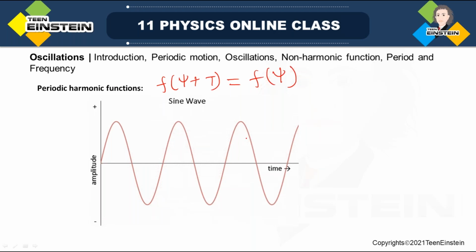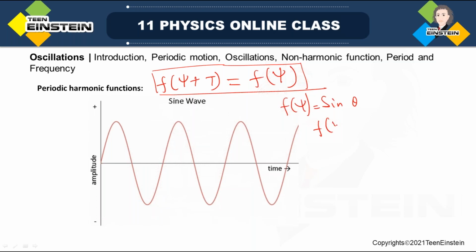So this is actually the definition of a periodic function. Now I'll take a practical example like sine theta. If f of psi is sine theta, now if I write f of psi plus capital T, let us say this is radian, so I will not go with time, we'll go with angle.